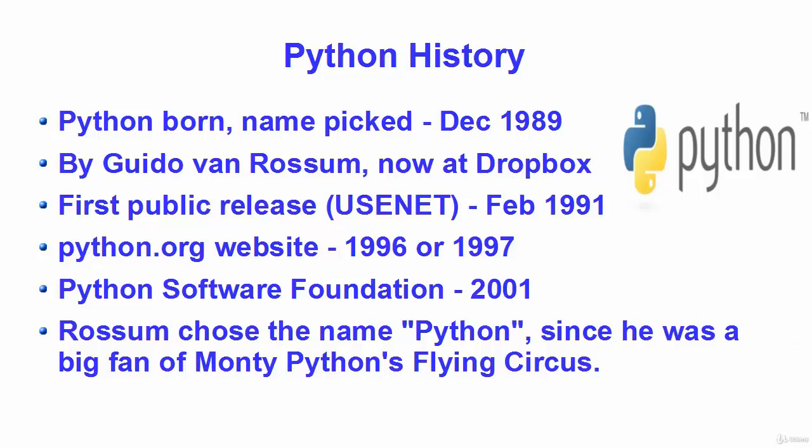His continuing central role in Python development is reflected in the title given to him by the Python community, which is Benevolent Dictator for Life. Now, what is a Benevolent Dictator for Life? This is a title given to a small number of open source software development leaders, typically the project founders, who retain the final say in disputes or arguments within the community.